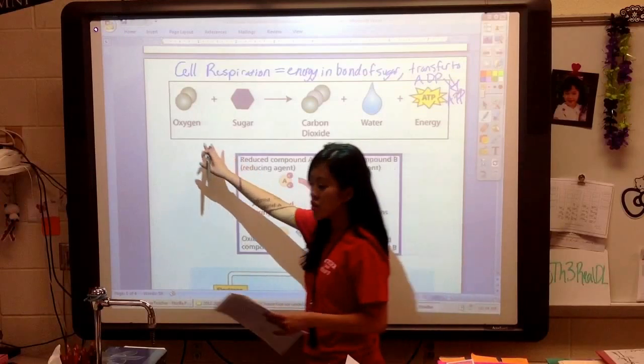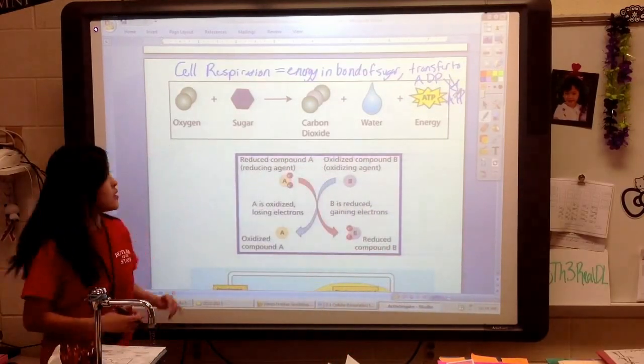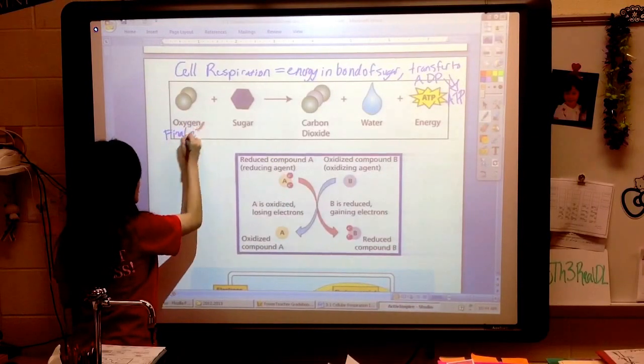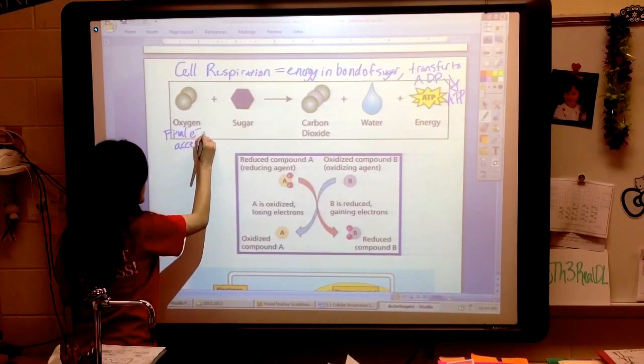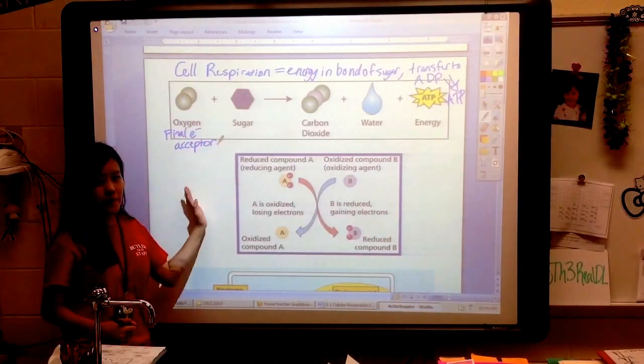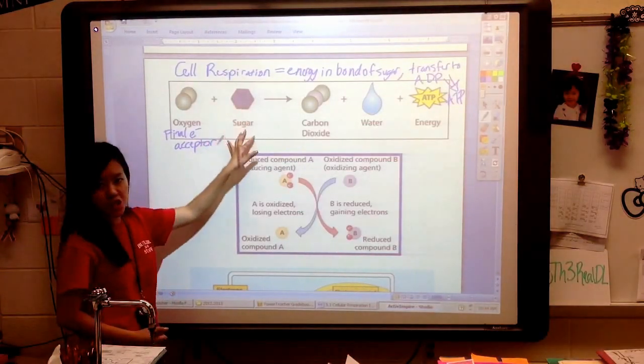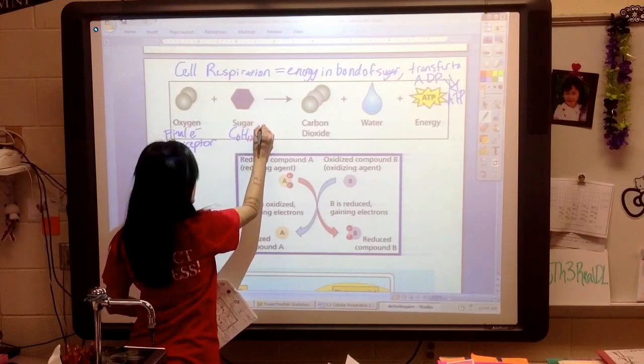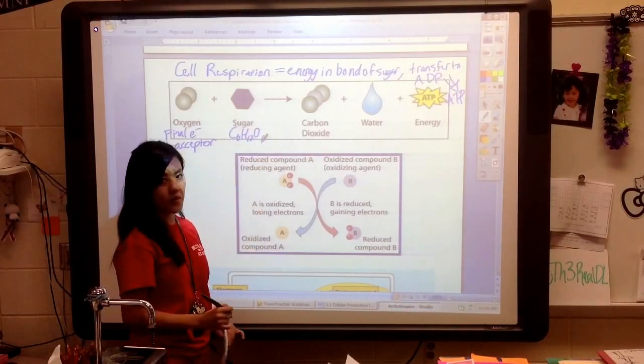So we have the oxygen molecule that we breathe in, and later on we're going to talk about how this is a final electron acceptor. We'll talk about what that means later. We have our sugar molecule, which is C6H12O6, the chemical formula for it.